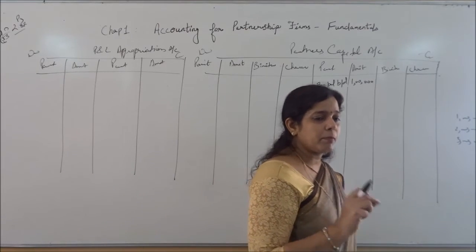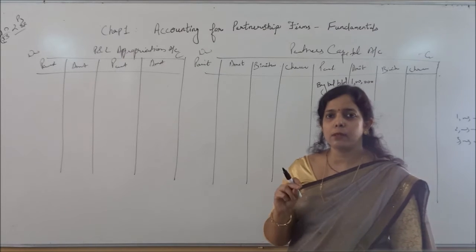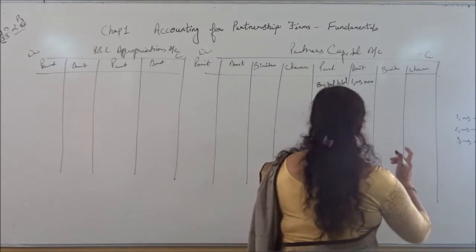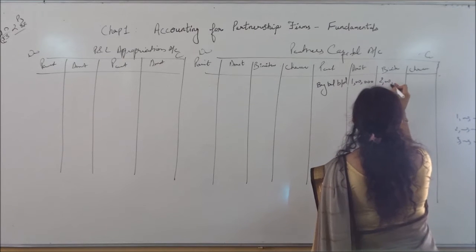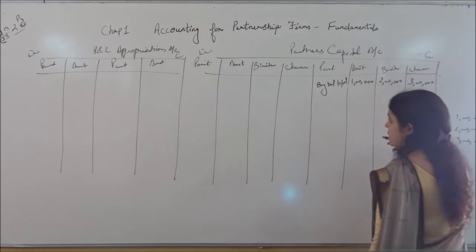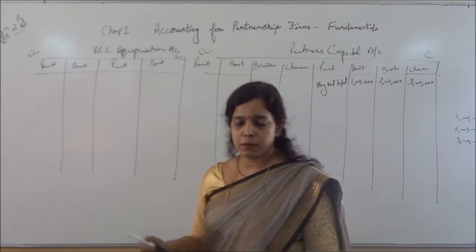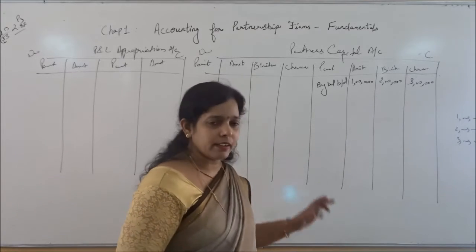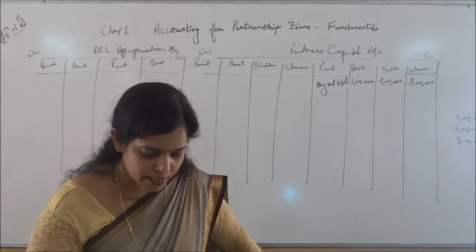As I said, if it is a debit balance, definitely it will be given in the bracket as debit. Nothing is given in the question, so by default it is a credit balance. These balances never come in the appropriation. Please don't write them in the appropriation. These are capital balances, so we will write them in the capital account on the credit side.